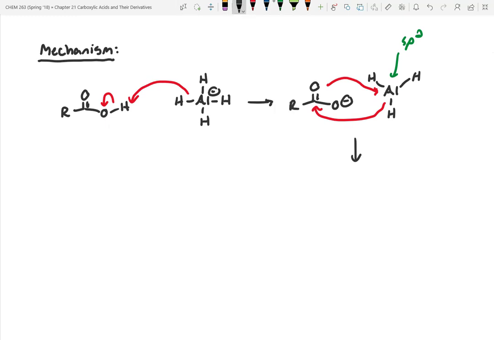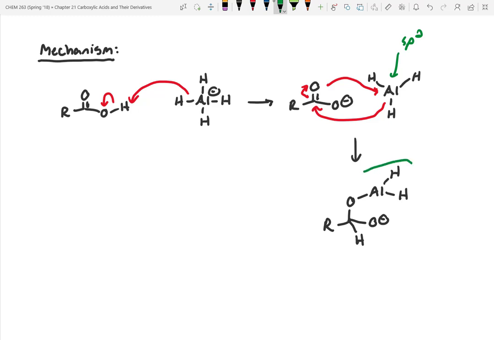So now you've got the aluminum covalently bonded to the top one. Whoops, I forgot an arrow kicking up electron density. There we go. We added in a hydride to that central carbon, and we still have this oxygen with a negative charge hanging out here.